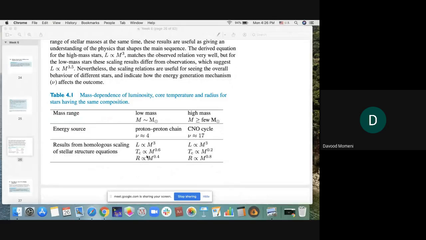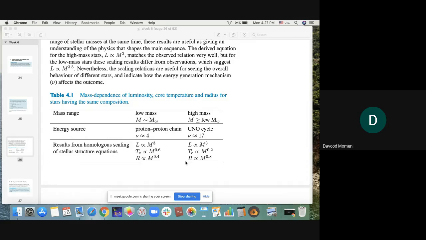But I raise a question for you. You see for the low mass star, the radius depends on m to the power 0.4, and for high mass it is 0.8. So is it possible you tell me in which of these cases, low mass or high mass, the radius will change more by the change of the mass?